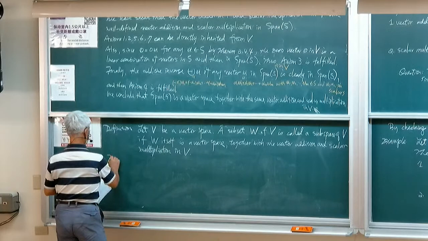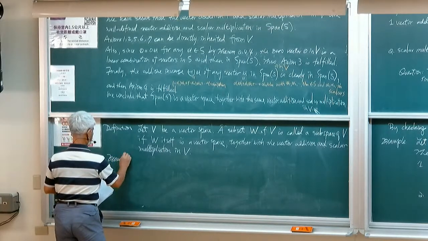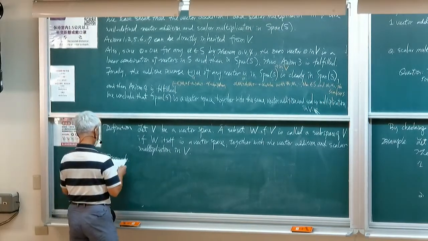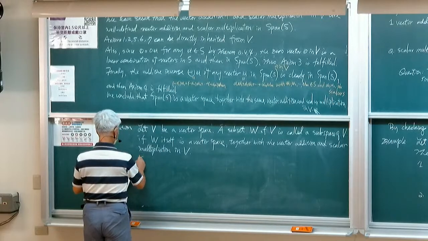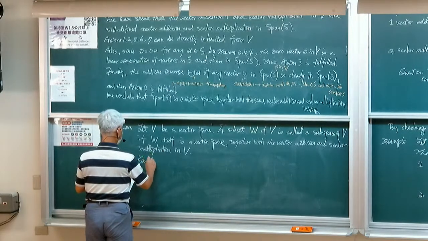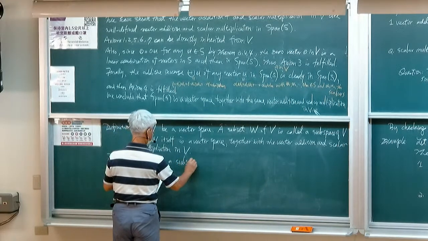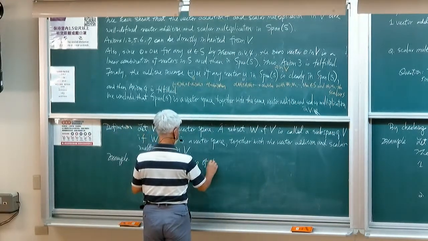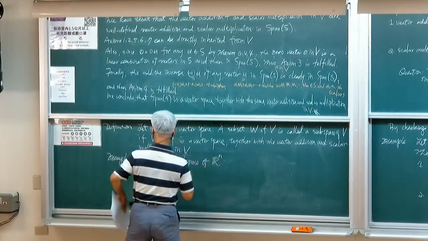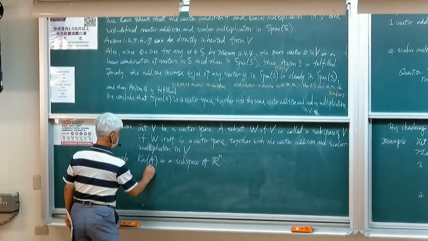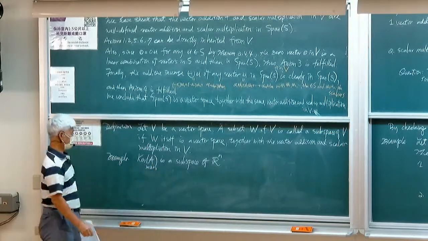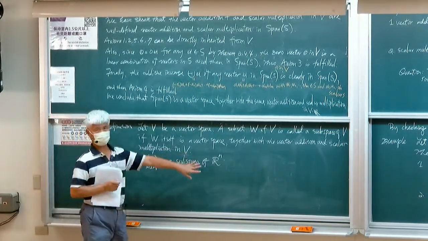So examples like the kernel of A is a subspace of Rn, if the matrix A is m times n.